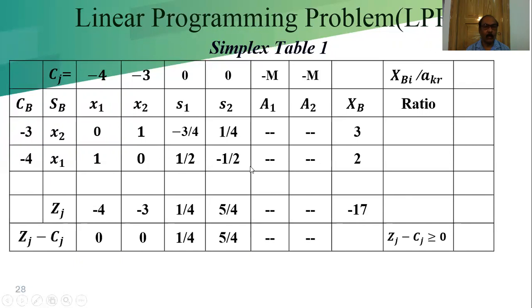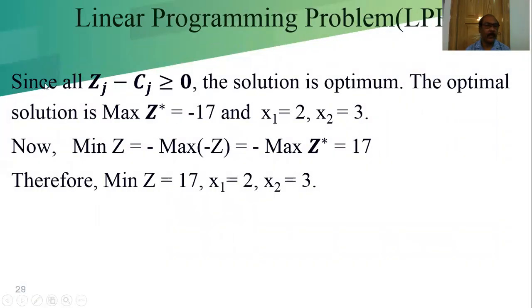And what is the value of the objective function? Max z, that is z star, equal to minus 17, x1 is equal to 2, x2 equal to 3. This is the solution. Now our conclusion is that since all zj minus cj are greater than or equal to 0, the solution is optimum. The optimum solution is max z star equal to minus 17 and x1 is equal to 2, x2 is equal to 3.